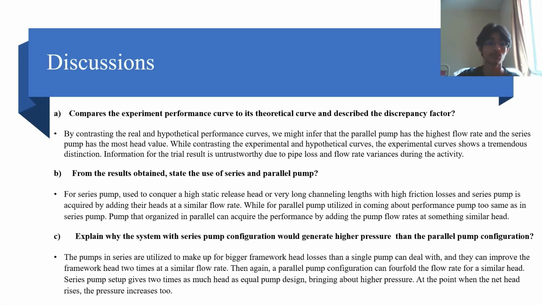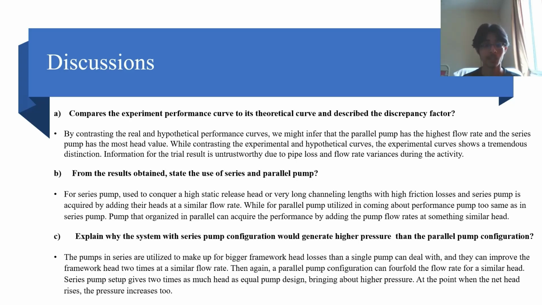Now we will look into the discussions. The first question is to compare the experimental performance curve to its theoretical curve and describe the discrepancy factor. By contrasting the real and hypothetical performance curves, we can infer that the parallel pump has the highest flow rate and the series pump has the most head value.